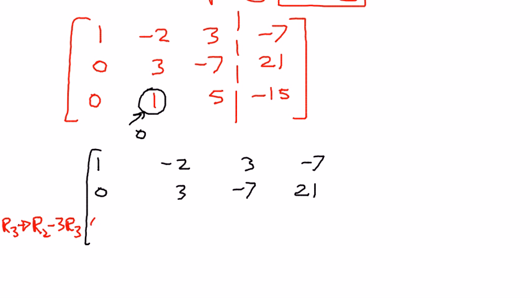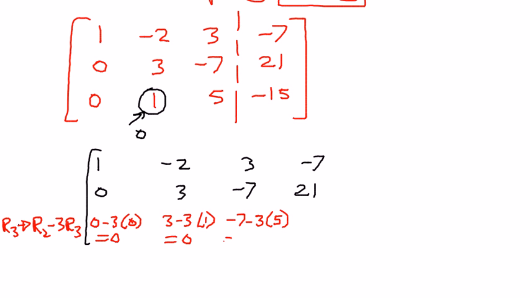So 0 minus 3 times 0, which is still 0. Then 3 minus 3 times 1, which is equal to 0, and then minus 7 minus 3 times 5.